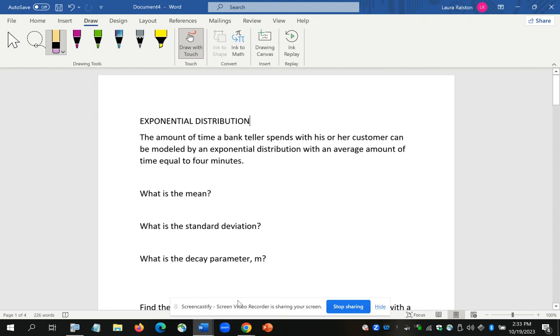Several of you have mentioned within the discussion that you are struggling a little bit with the continuous probability distributions, specifically with the uniform and the exponential.